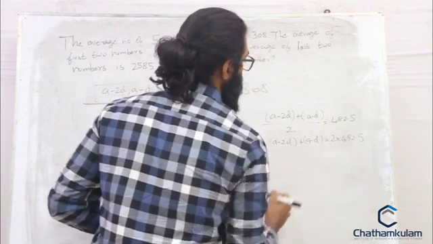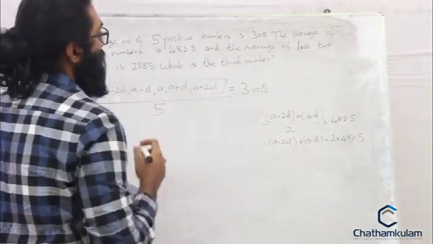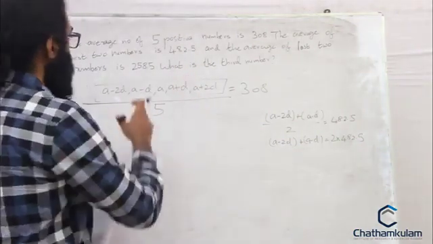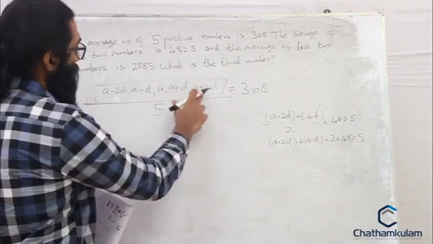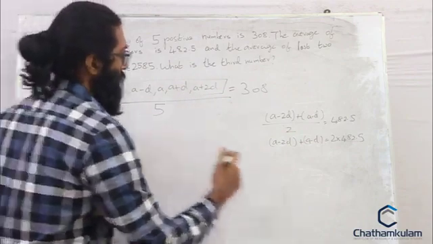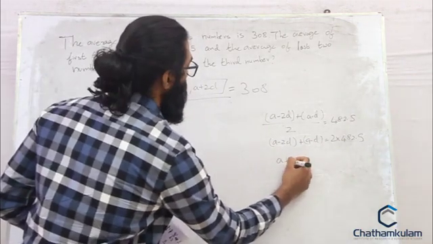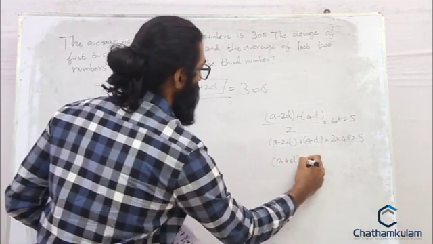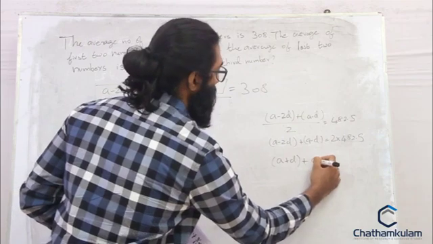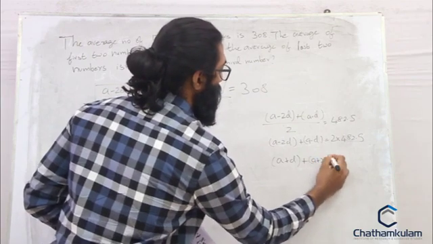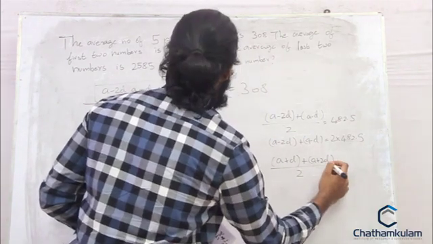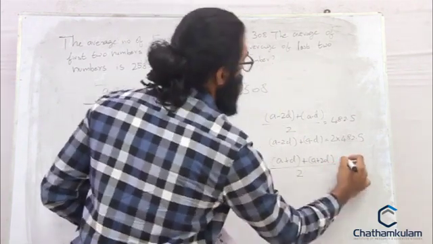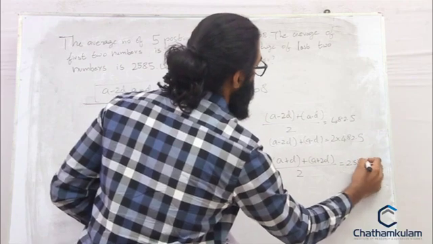482.5. Then next is given that the average of the last 2 numbers is 258.5. So these are the last 2 numbers, right? That is a plus d plus a plus 2d whole divided by 2. You can write this as 258.5.